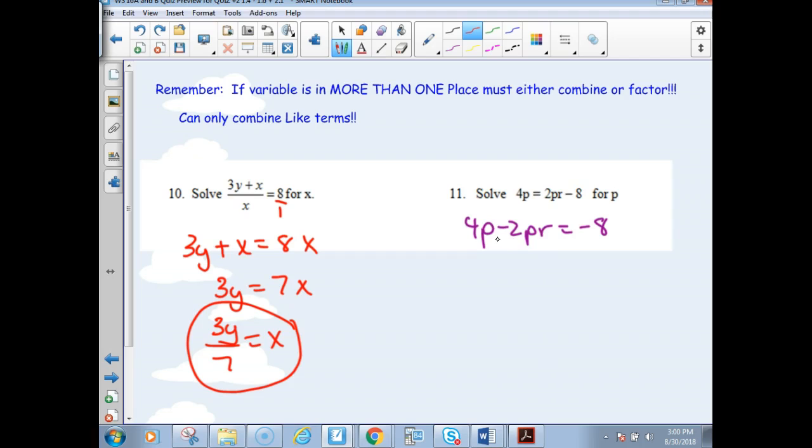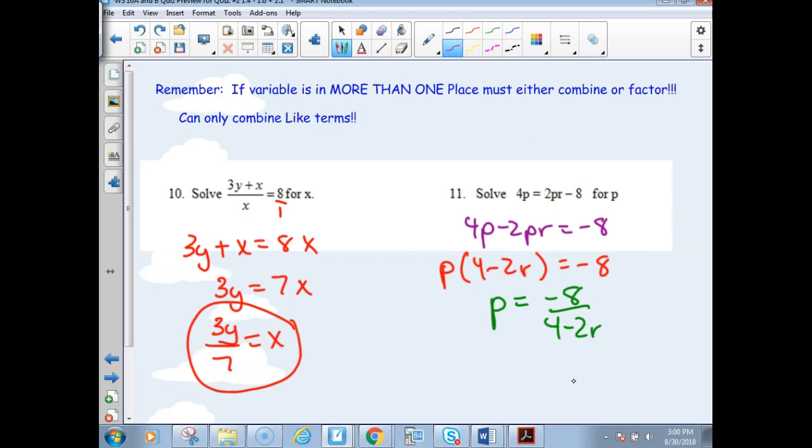One of them has an r in it, the other one doesn't. So I've got to unmultiply by p, which would give me p times parentheses 4 minus 2r. Last quiz, this is the most missed type of problem. Dividing by 4 minus 2r would give me p. So negative 8 over 4 minus 2r.